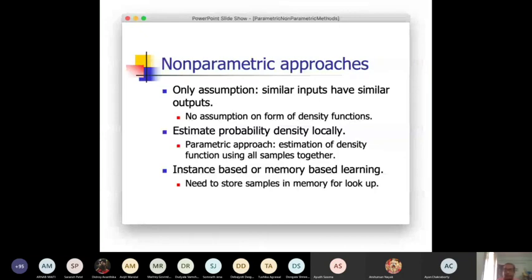But it is quite computation intensive, because in the previous case, when classifying an instance, you are simply computing using a few parameters only. Suppose there are k classes, then you are computing k discriminant functions for each instance.